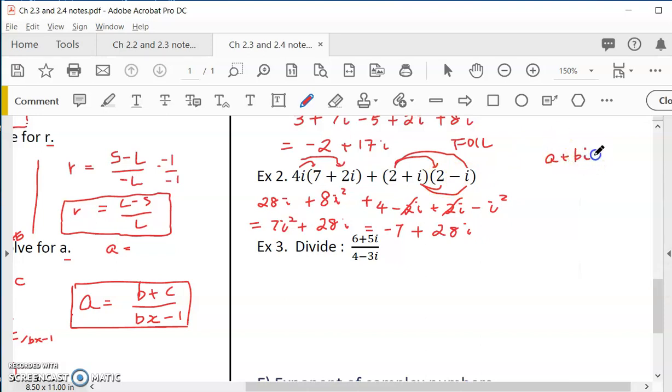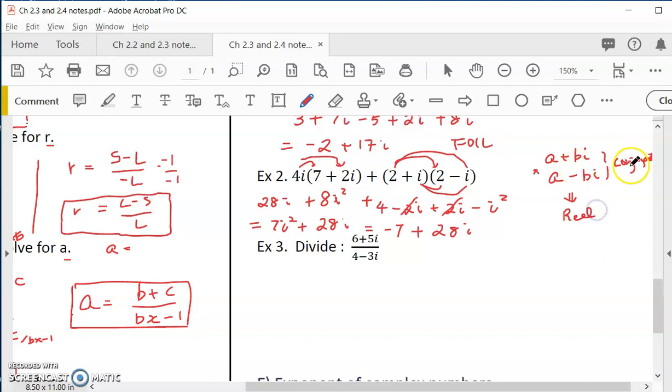So this is a complex number, but a minus bi would be the complex conjugate. Why is it called conjugate? Because when you multiply them, the i terms go away. So you see how there's no more i terms. You only have 4 and an i squared, which can be converted into a real number. So if you multiply them, they become only a real number.